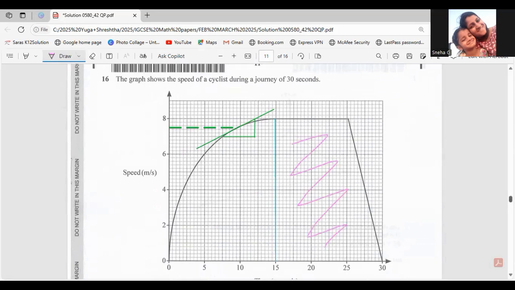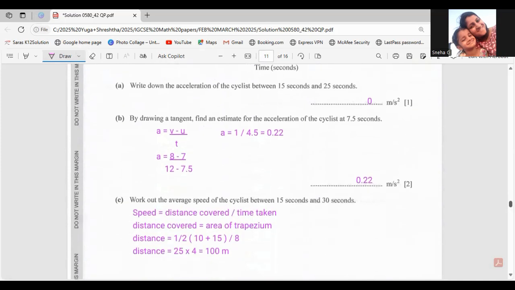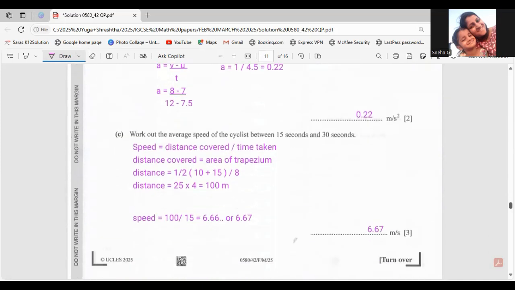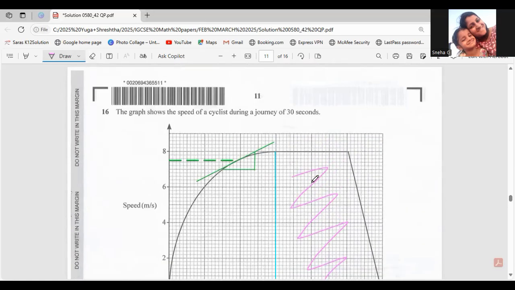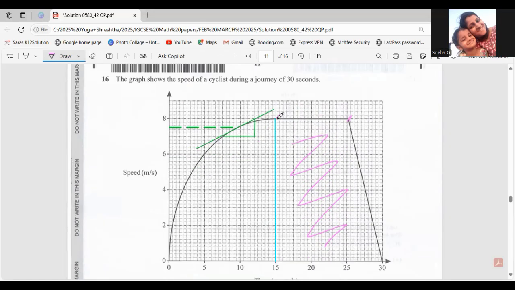The area of the trapezium we can work out with the formula half into the sum of parallel sides multiplied by the height. So here, these two sides are parallel, so we will work out the length of these two sides. If you closely observe in this diagram, this is the first parallel side and this is the second parallel side of this trapezium.